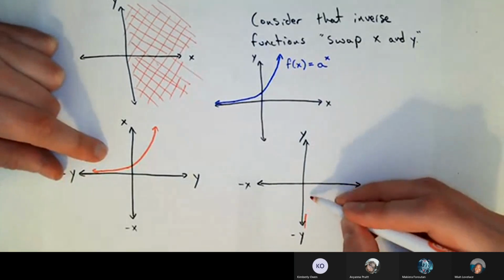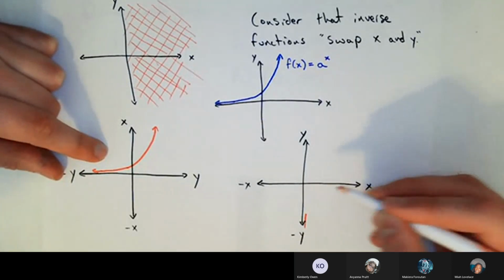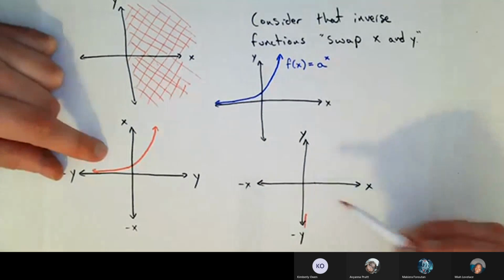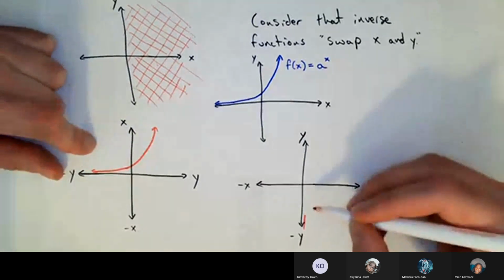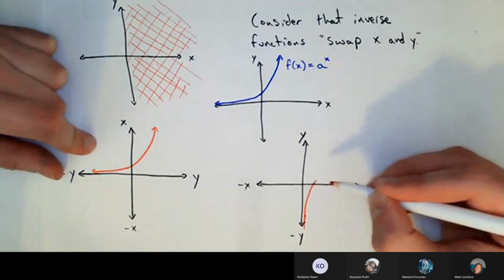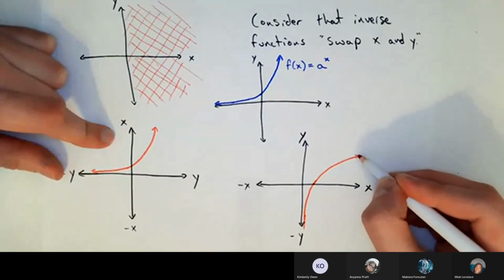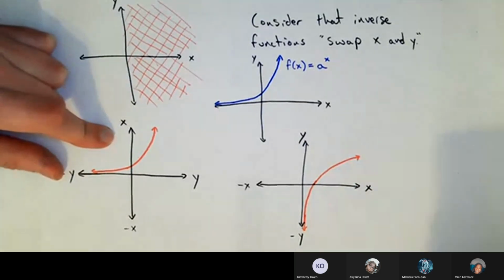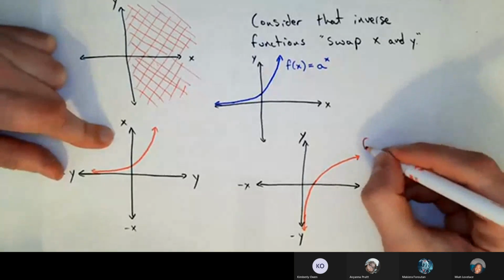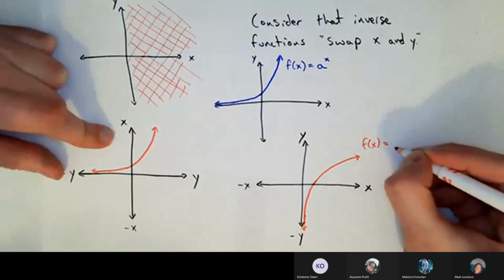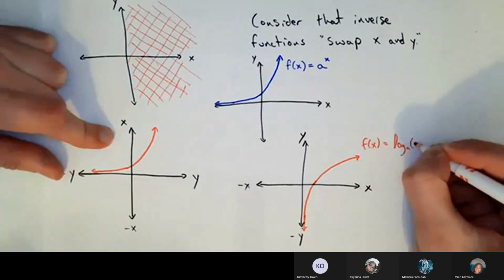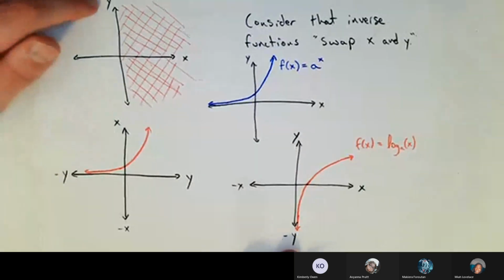And then it comes up and it goes through the x-axis at the special point of here 0, 1. So this would be 1, 0 when it flips, and then it just takes off like that in the first quadrant. There it is. There is the f of x equals log base a of x, some generic log function.